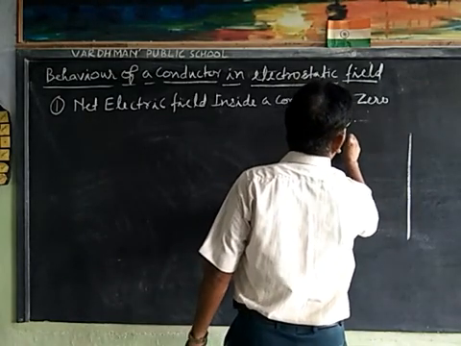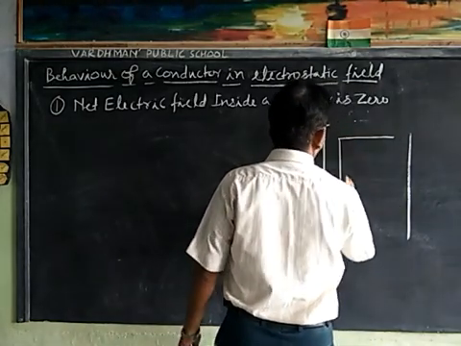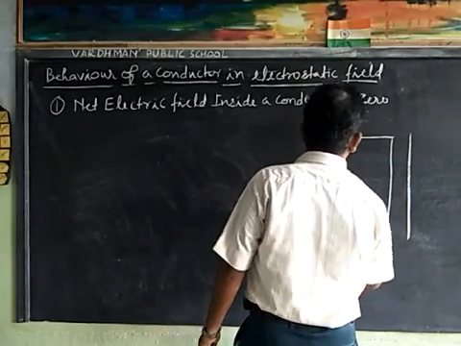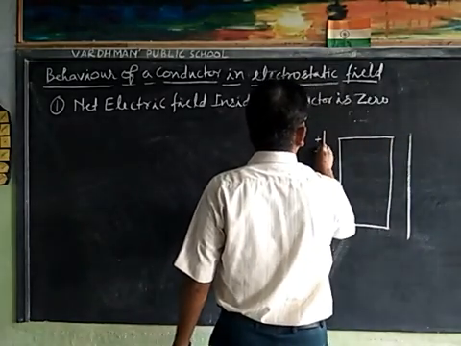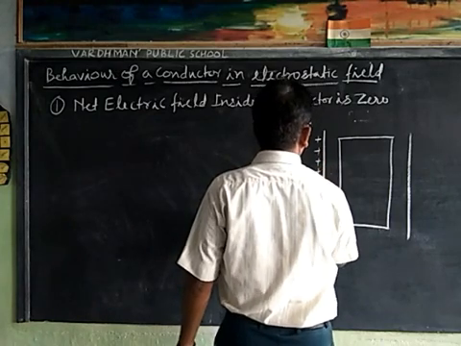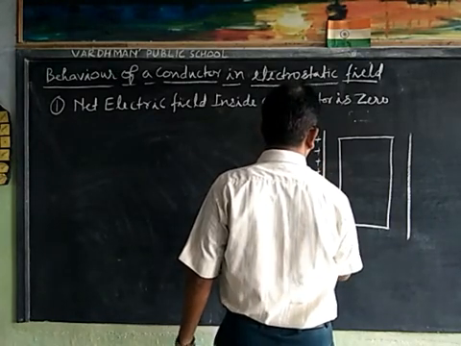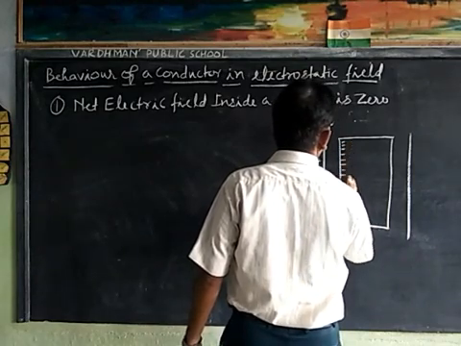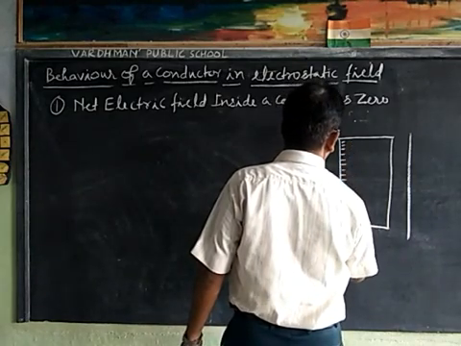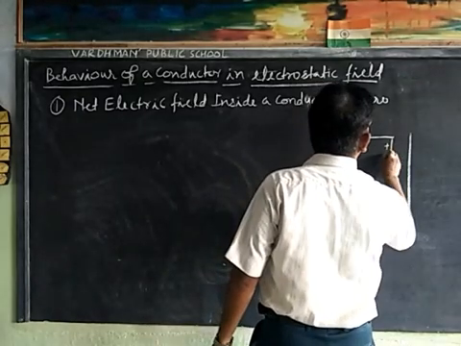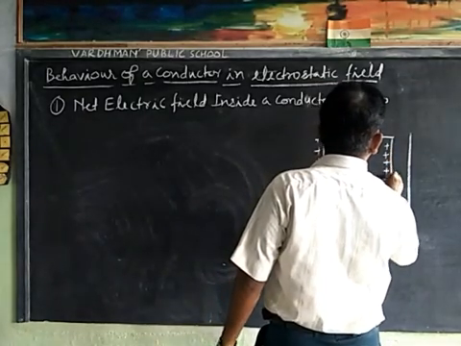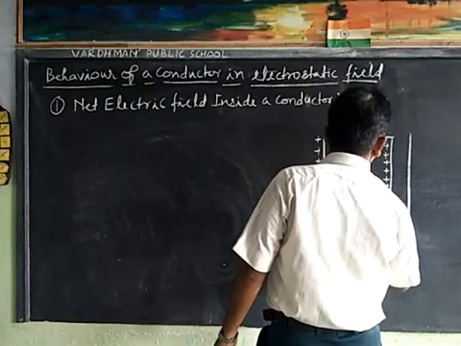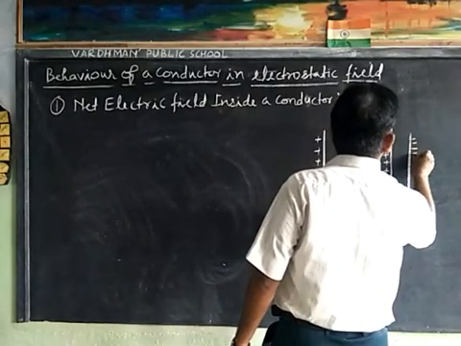Suppose a conductor, here positive charge, here negative charge develop, here also positive charge, here negative charge.